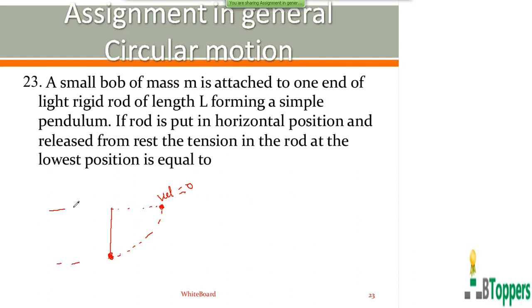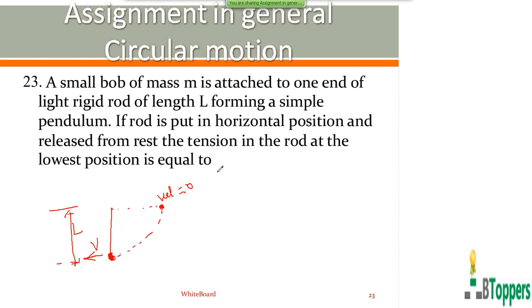Let L denote the length of the rod, or length of the pendulum. To find the magnitude of velocity at the lowest position, we'll apply conservation of mechanical energy. We can choose the lowest position of the bob as the reference position for measurement of gravitational potential.